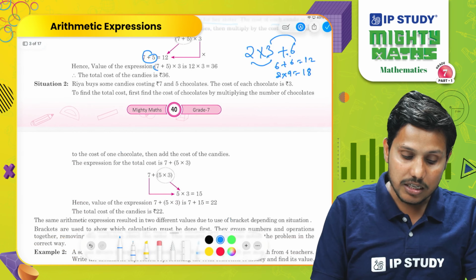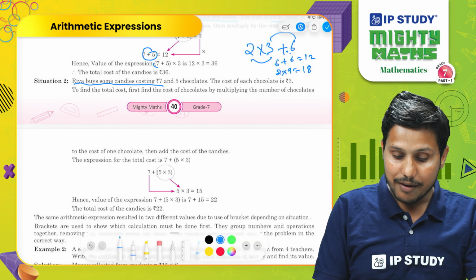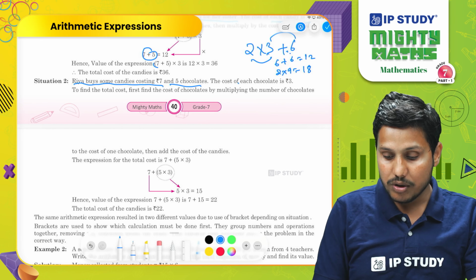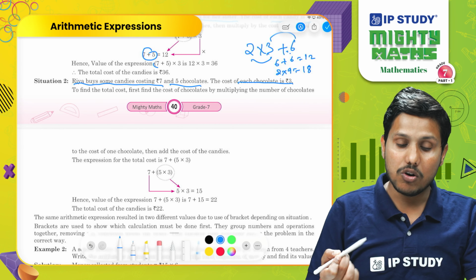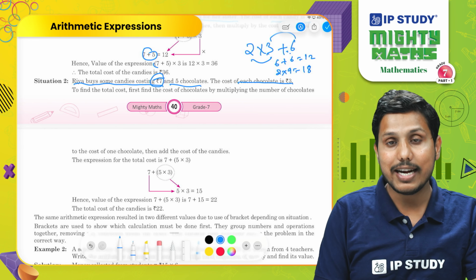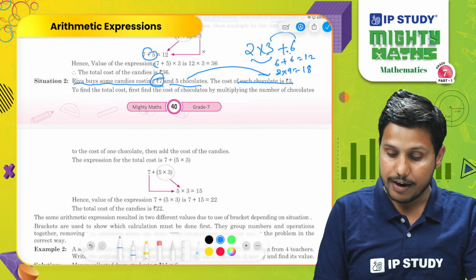Now, in the second situation, Riya buys some candies costing rupees 7 and 5 chocolates. The cost of each chocolate is rupees 3. Now, in order to find out the total cost, we have to add the candies cost and the cost that 5 chocolates will have, like 5 times 3.